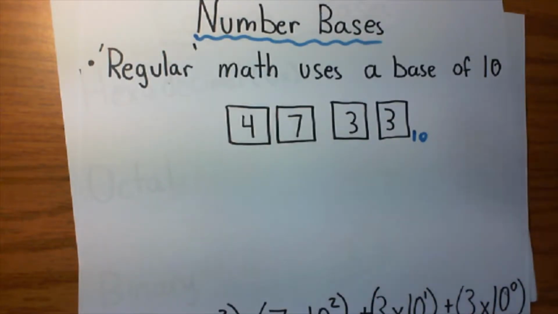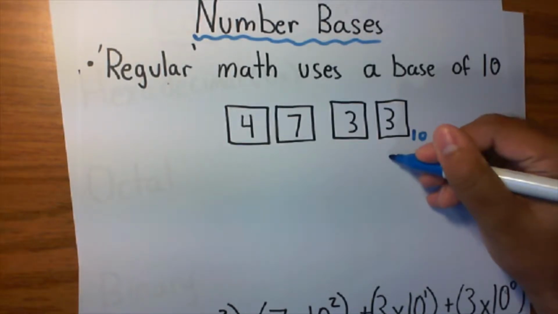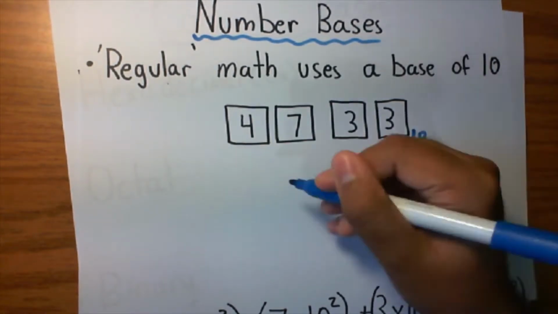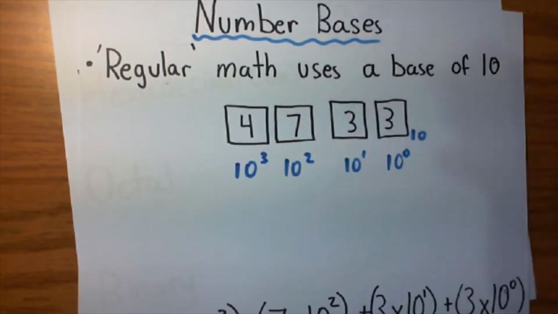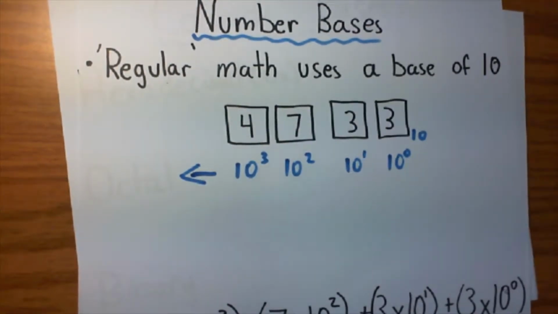This is something you'd probably know from going to high school and learning about math over the course of as many years as you have. But there is another way of writing this. This is 10 to the 0th place. Then you have 10 to the first, 10 to the second, and 10 to the third. And this will go on all the way up to 10 to the infinity.